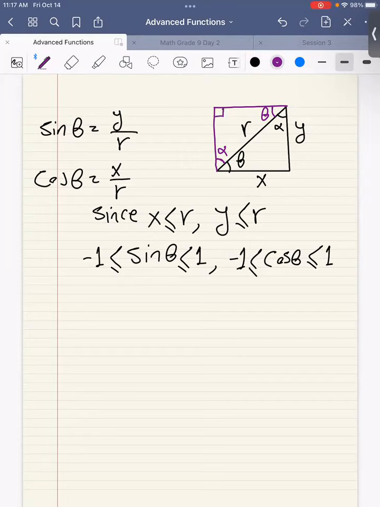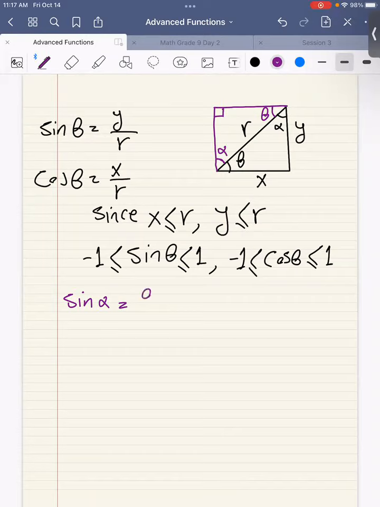Looking at this new triangle, what is sine of alpha? Sine is equal to opposite over hypotenuse.